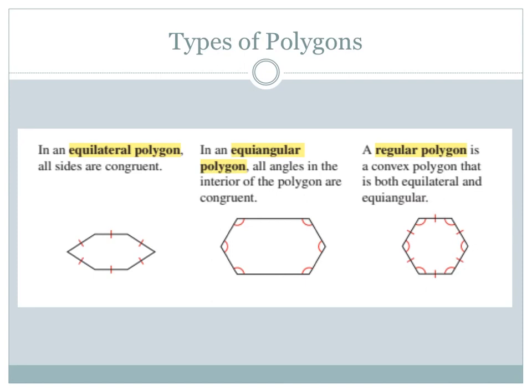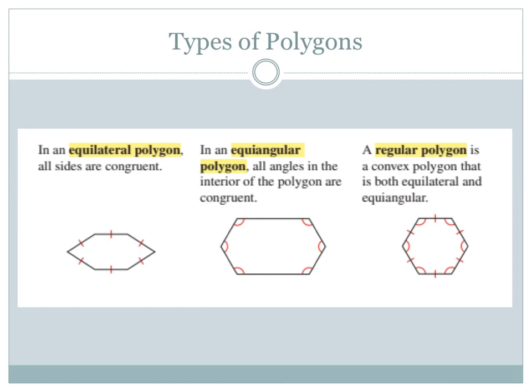Okay? So equilateral polygons have the same sides. If I say equiangular, what do you think of? All the angles are the same. So think of a square. Think of a rectangle. All the interior angles are the same. Okay. If a shape is equilateral and equiangular, we call it a regular polygon.